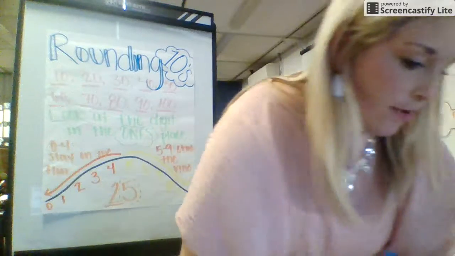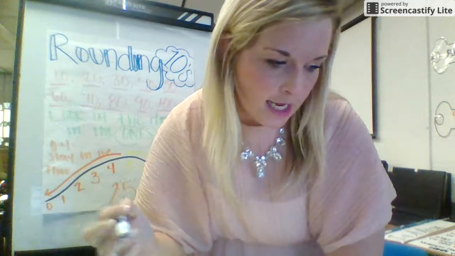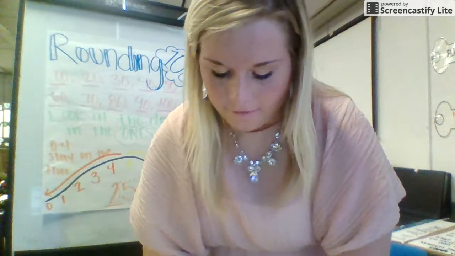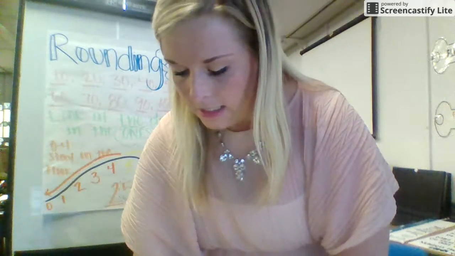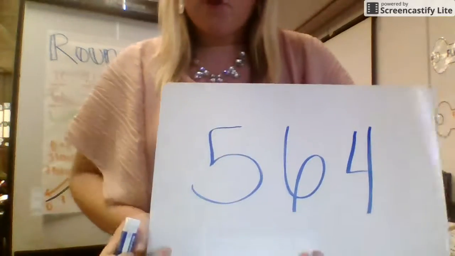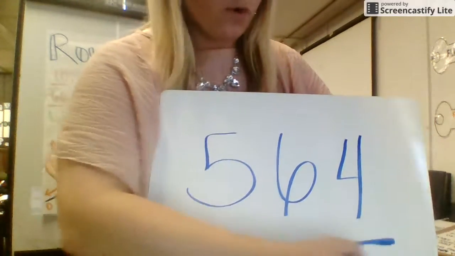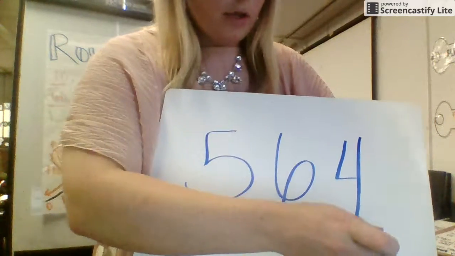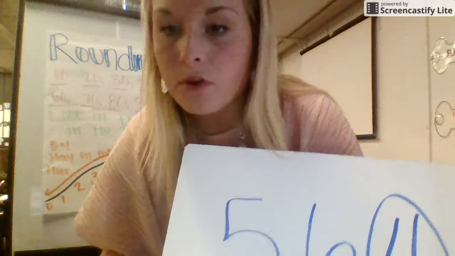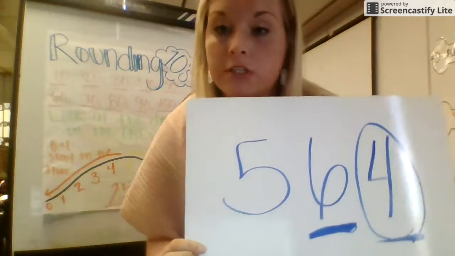Now, I want to make this tricky, and we're going to go to a hundreds question. So let's say our number is 564. 564 is our number. We have our 4 in the 1 spot. I should be circling that. We have our 6 in the 10 spot. And remember, the 10 spot is what we are trying to determine.